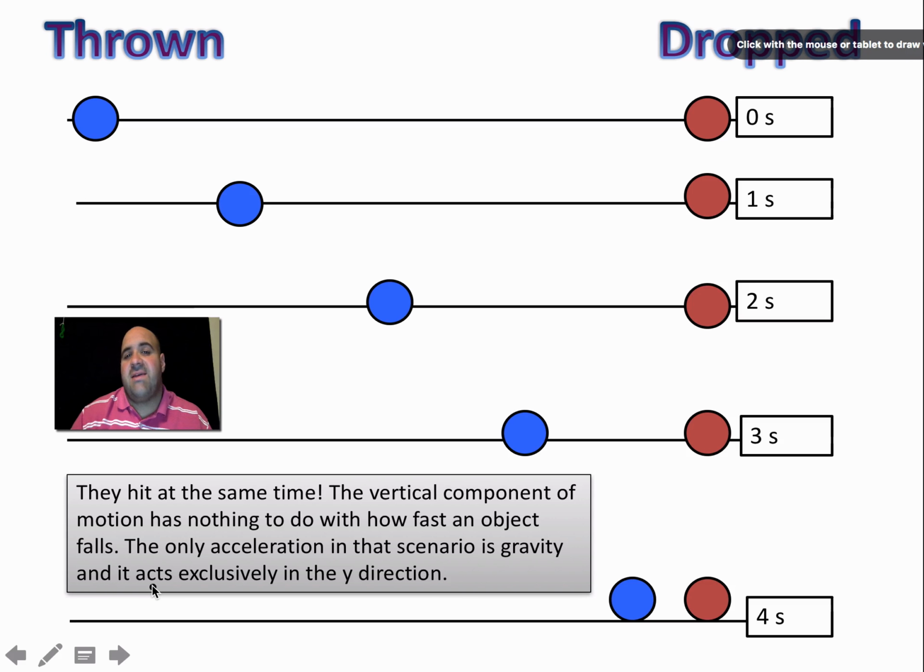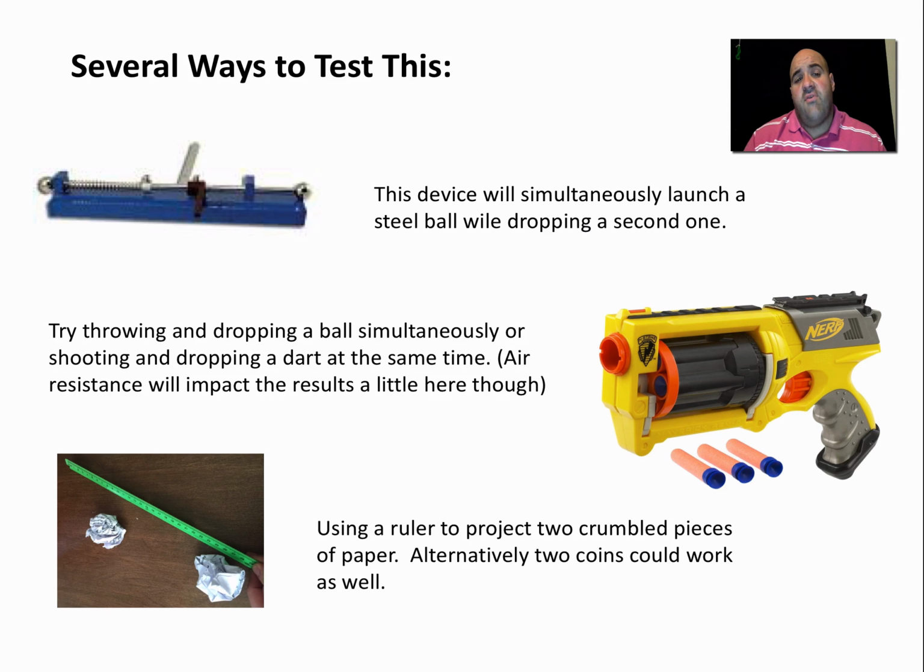So this whole slide is going to be about the independence of horizontal and vertical motion, the independence of your x direction and your y direction when dealing with projectiles. Because gravity only acts in the y direction, up or down, it doesn't affect anything in the horizontal direction. There's several ways to test this.